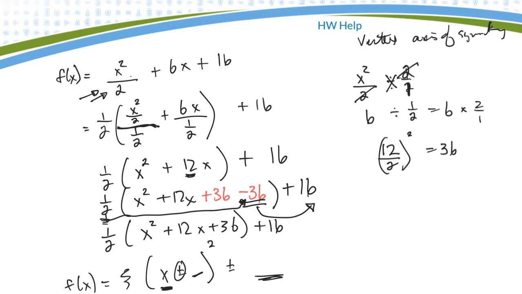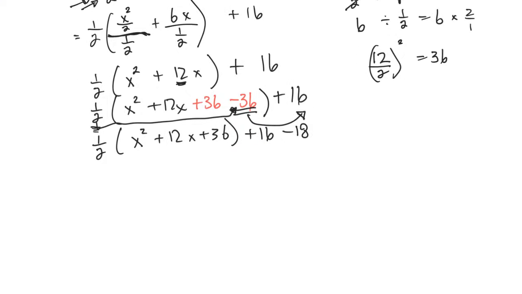So half times minus 36 is minus 18. Let me erase this and continue. I thought I had enough room, but I don't. Okay, so now I've got a half, and then this factored is x plus 6 squared, and 16 minus 18 is a negative 2. So now I have it written in the proper format.